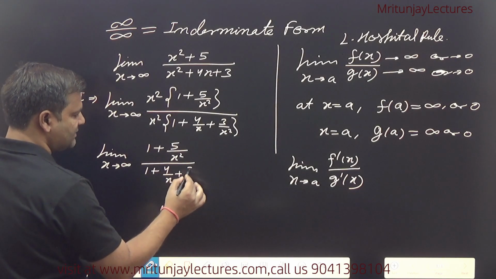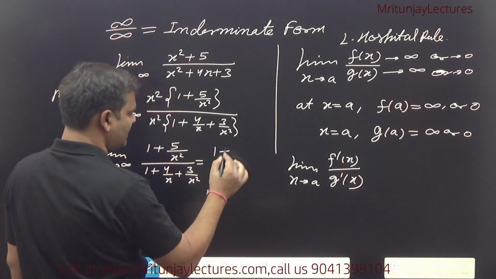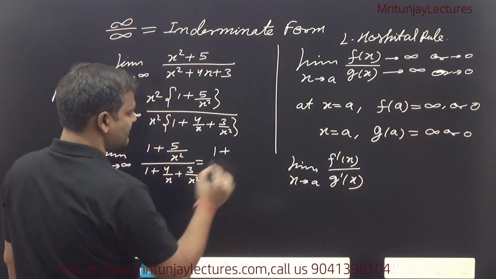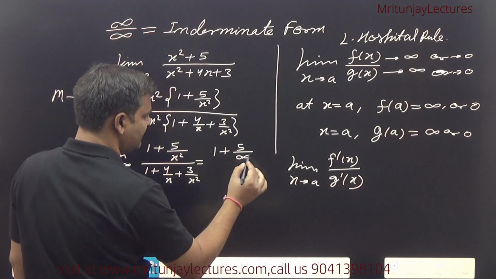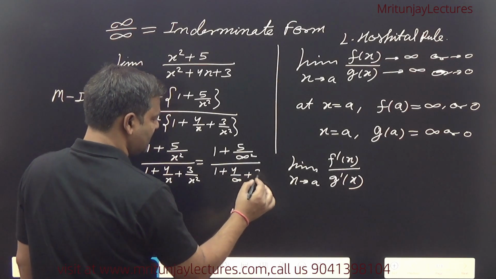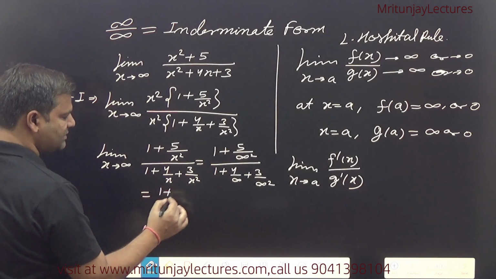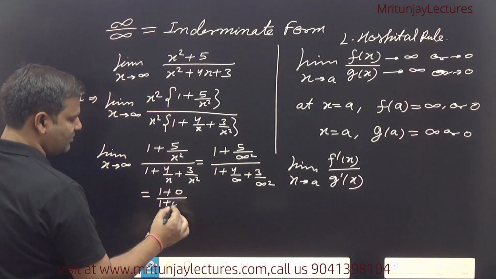Limit x tends to infinity of (1 plus 5 upon x square) divided by (1 plus 4 upon x plus 3 upon x square). Put x equal to infinity, then we get (1 plus 5 by infinity square) divided by (1 plus 4 by infinity plus 3 by infinity square). Then what is that value? (1 plus 0) divided by (1 plus 0 plus 0).